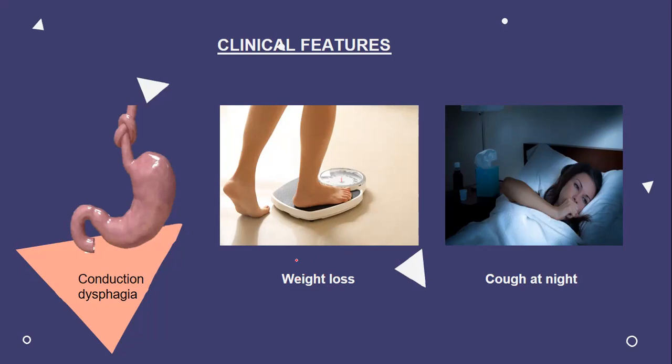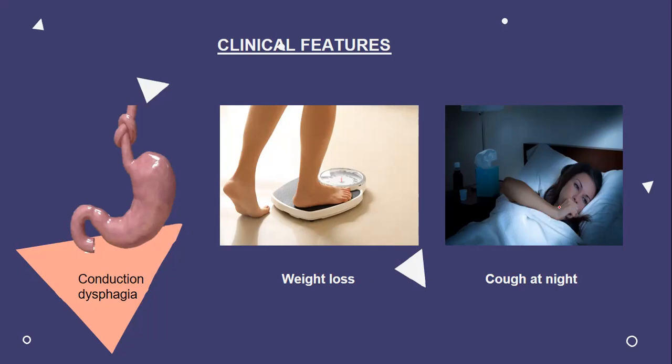Because if this patient has conduction dysphagia and loses weight rapidly, you would have to think of esophageal cancer, okay? In the case of long-term weight loss, you would first have to think about achalasia, okay? And this patient would also have cough at night.